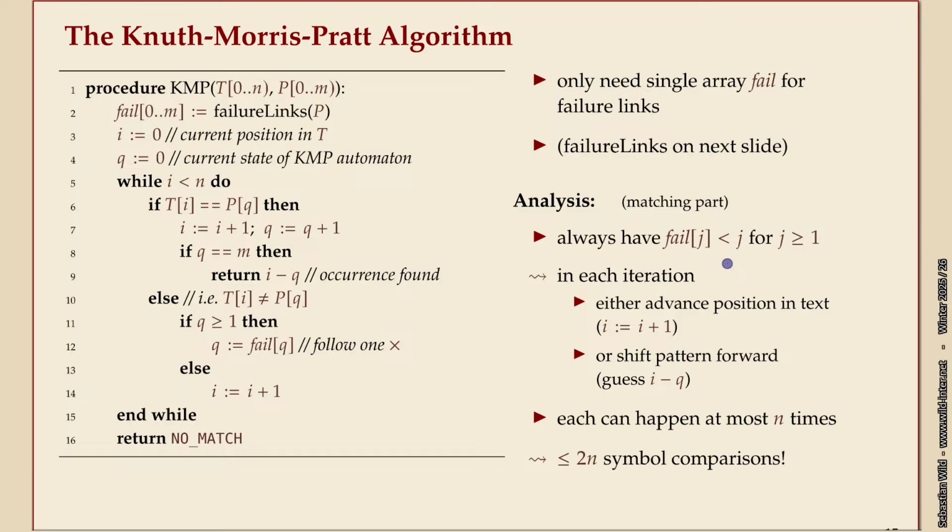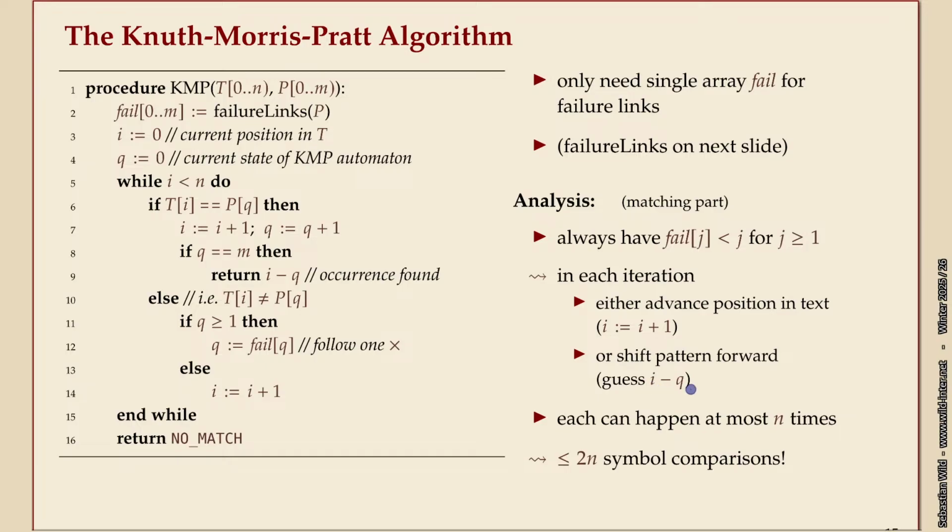If you want more formally, you can say that in each iteration of this outer while loop, we either make I bigger or I minus Q bigger. And so in each case, we make progress, and we cannot not make progress for one of the two. But then individually, I can be made at most n times bigger until I'm at the end of the text.